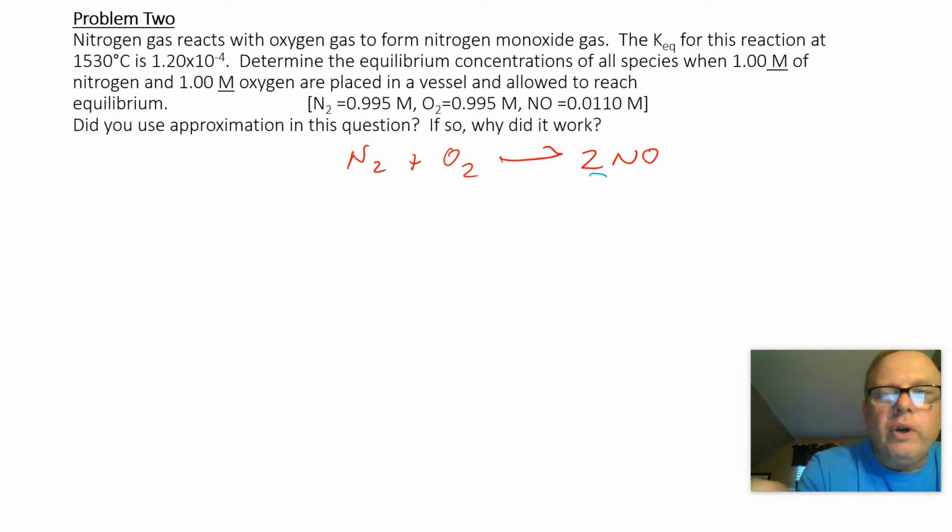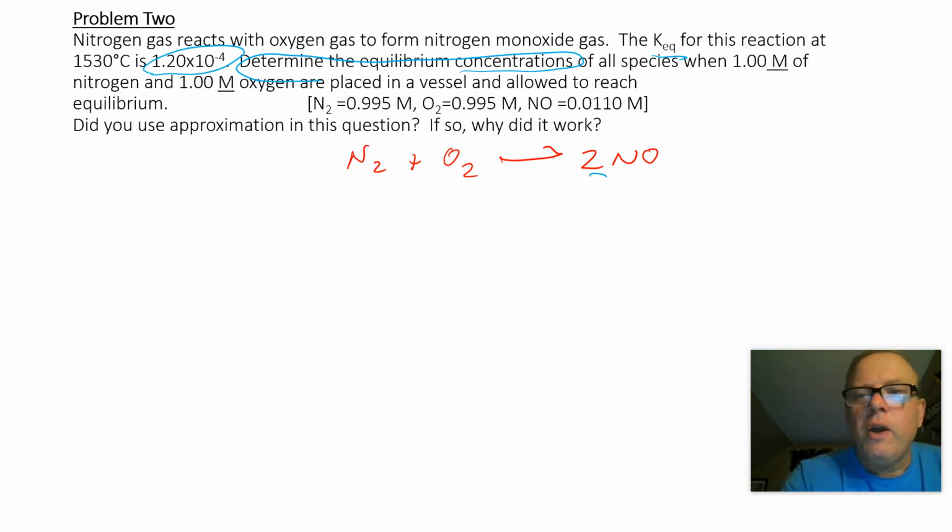And now we're going to look at what our K situation is. It wants to know the equilibrium concentrations, and it gives us K. K for this is 1.2 times 10 to the negative 4. So can I approximate? The concentrations here are 1.00 molarity and 1.00 molarity.